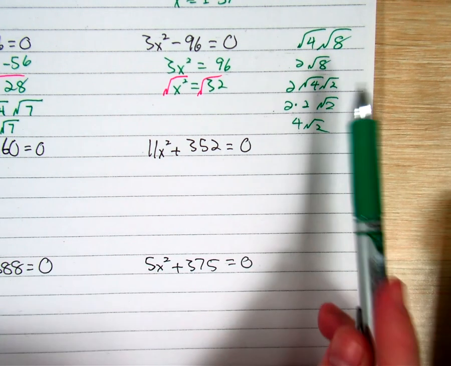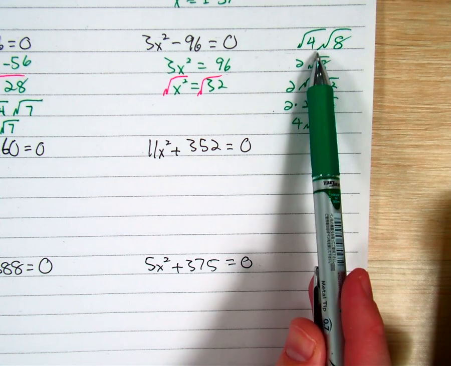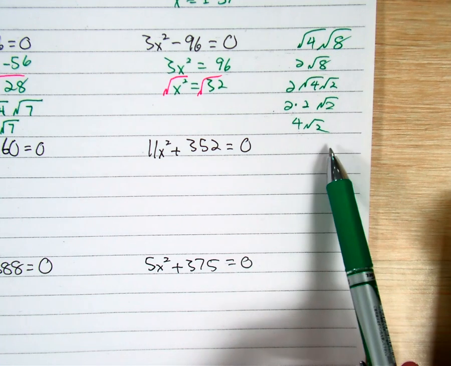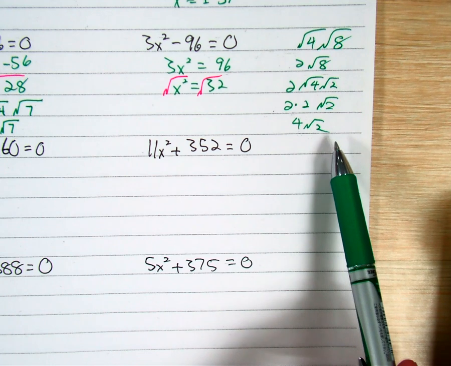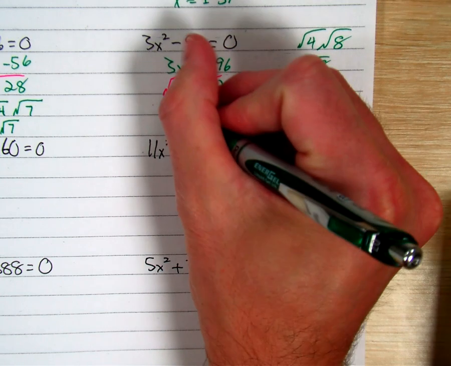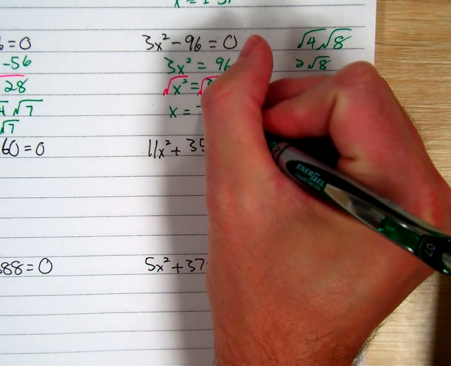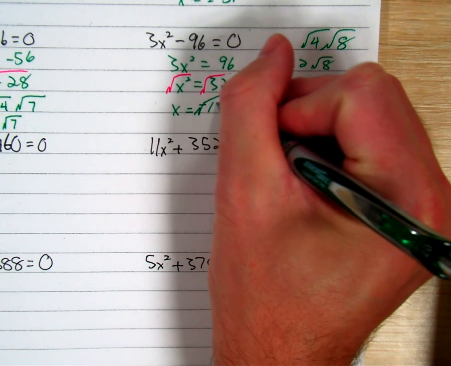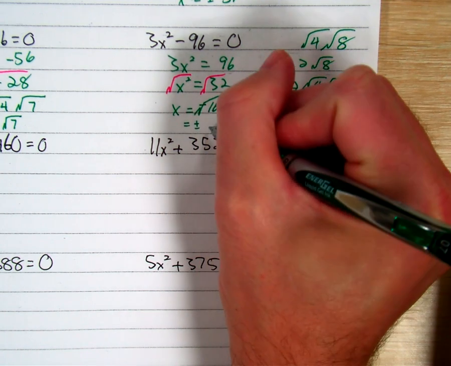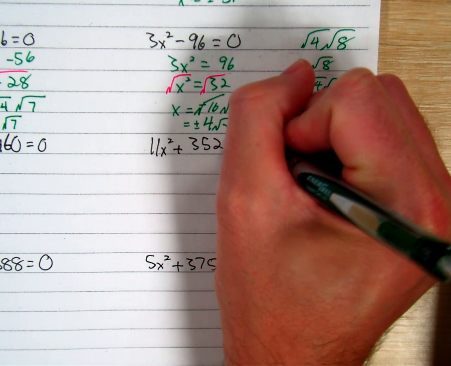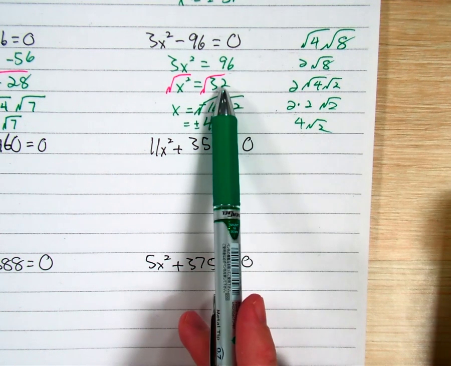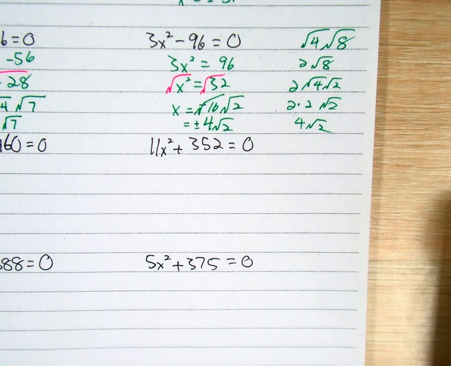So if you're going to do a perfect squares method and you don't get the biggest perfect square on the first go, then you get a lot of work. If you do get the biggest perfect square right on the first go, then it's not so bad. So we're going to go 16 and 2, plus minus 4 radical 2. Okay? No i's. That one was positive. It wasn't negative. No i's on that one.